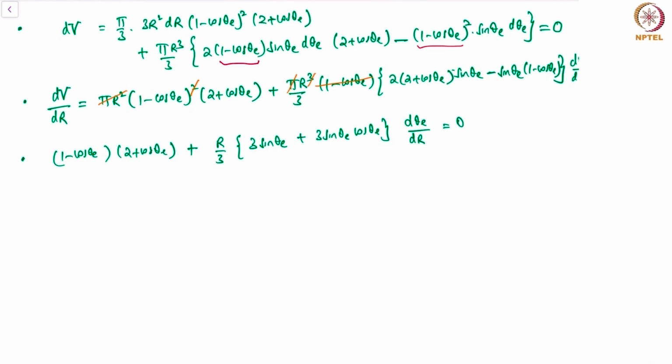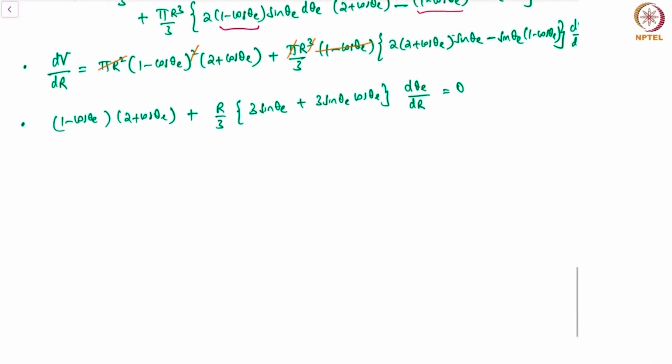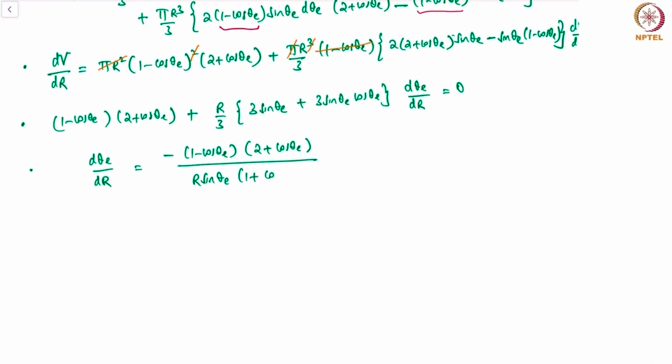Okay, so from this we therefore get d theta e by dr is nothing but minus of 1 minus cos theta e times 2 plus cos of theta e divided by r sin theta e times 1 plus cosine of theta e.